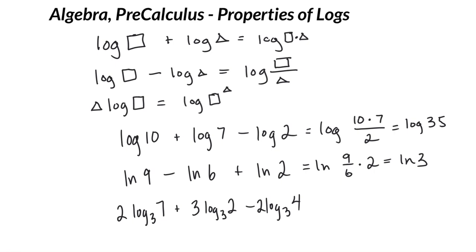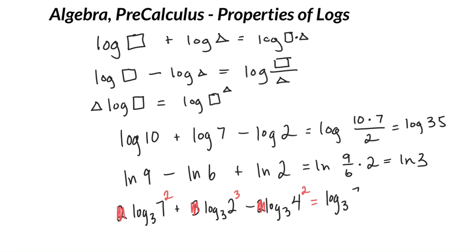Now, this last one, I've combined all of our rules, and I'm going to make one suggestion, and that is on the first pass through, I always take those multipliers out front and I put them in as exponents like that. Remember, they will just go in as exponents. Now the next thing is just to make sure we can combine them. They're all log base 3s, so they will yield an answer that is a log base 3.